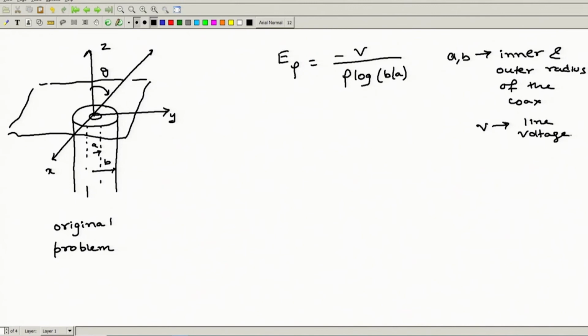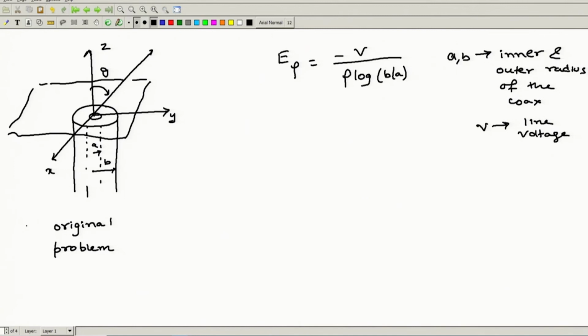Now, what we need to do is, using the equivalence principle, change the original problem into the equivalent problem. Basically, we have a coaxial transmission line that is being opened into a ground plane.